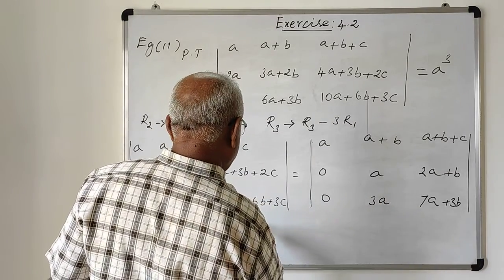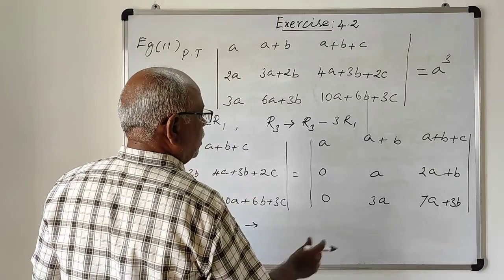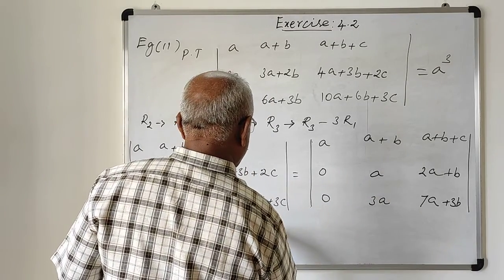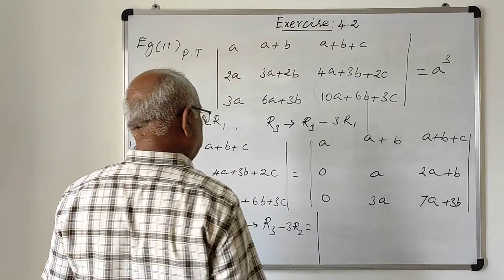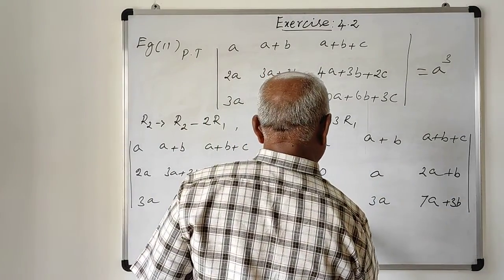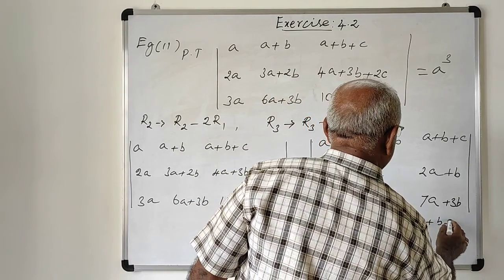In this stage, R3 is R3 minus 3R2. What do you get? First row, A plus B, A plus B plus C as it is.